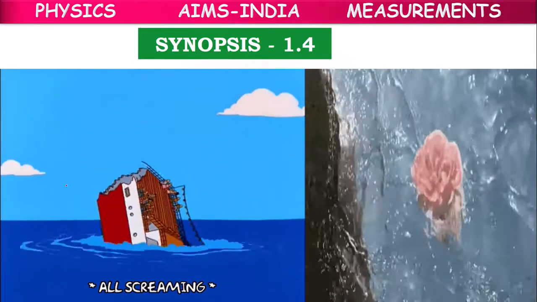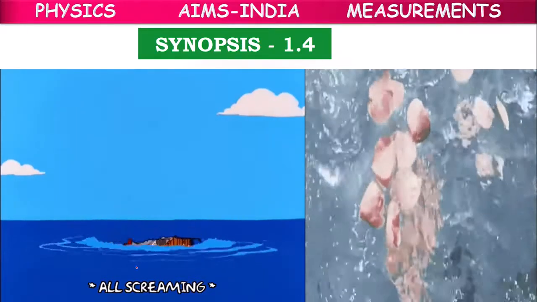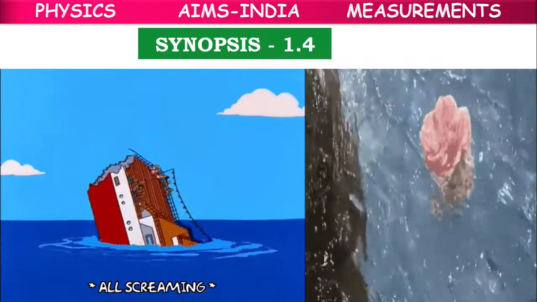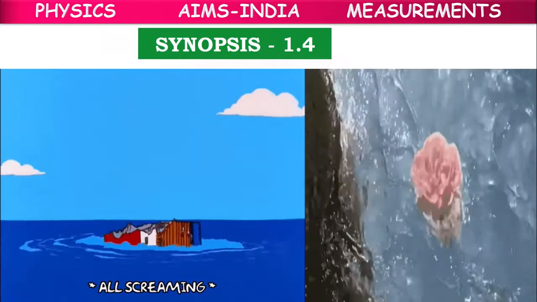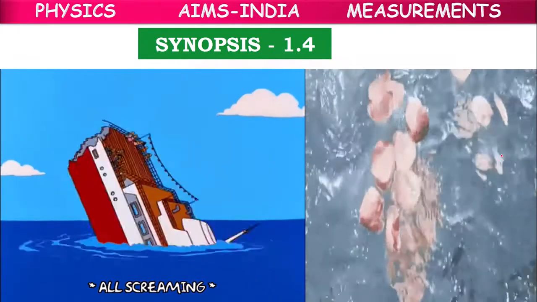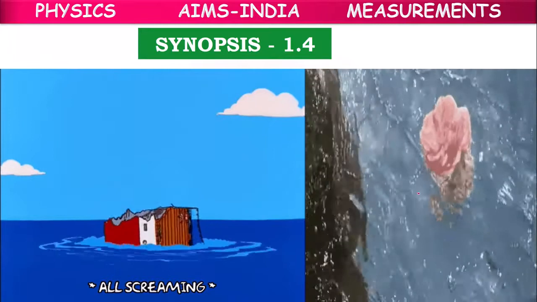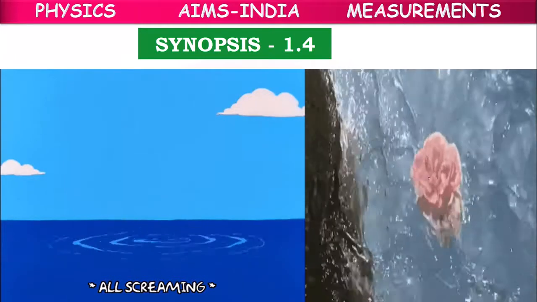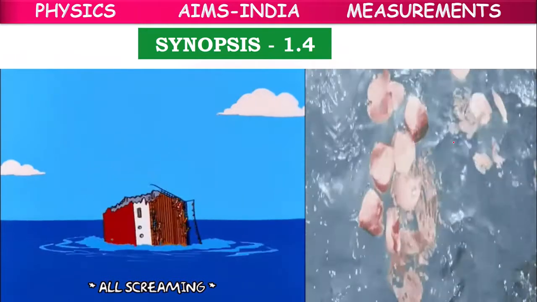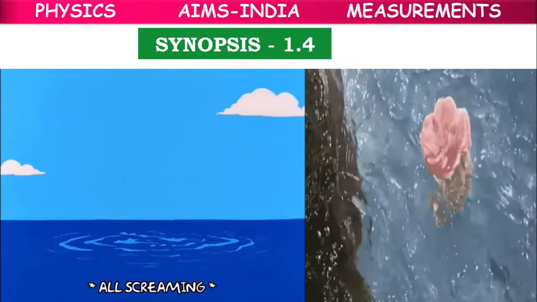In the first picture, the ship is sinking into the sea, whereas in the second picture, the petals of the rose flower are floating on the water.